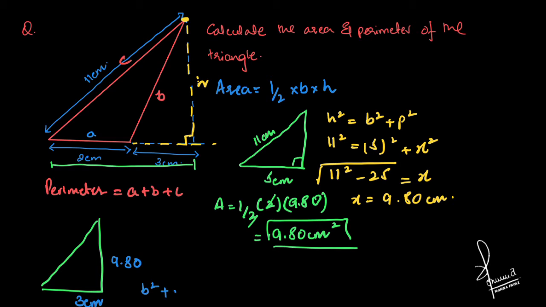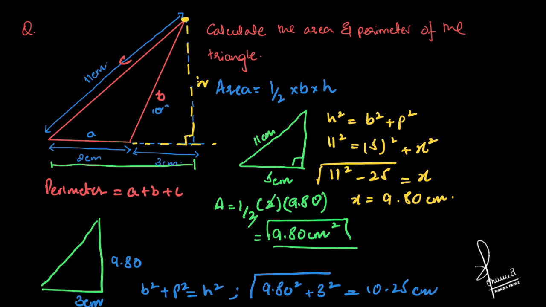So you will apply your Pythagoras theorem to get your hypotenuse, which will be 9.80 square plus 3 square under root, which equals to 10.25 centimeters.